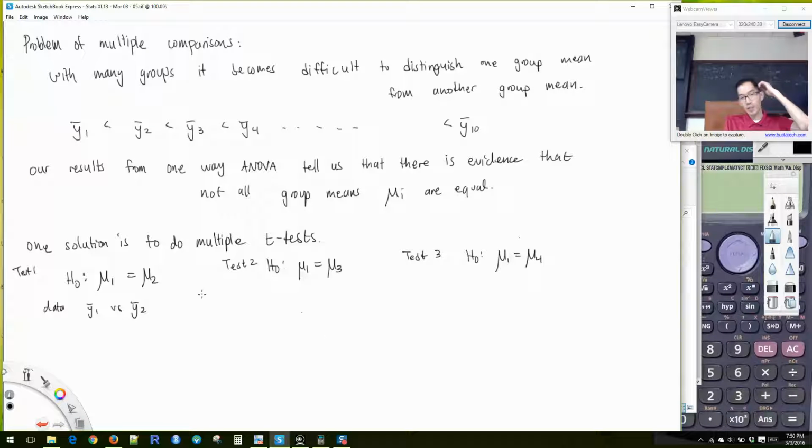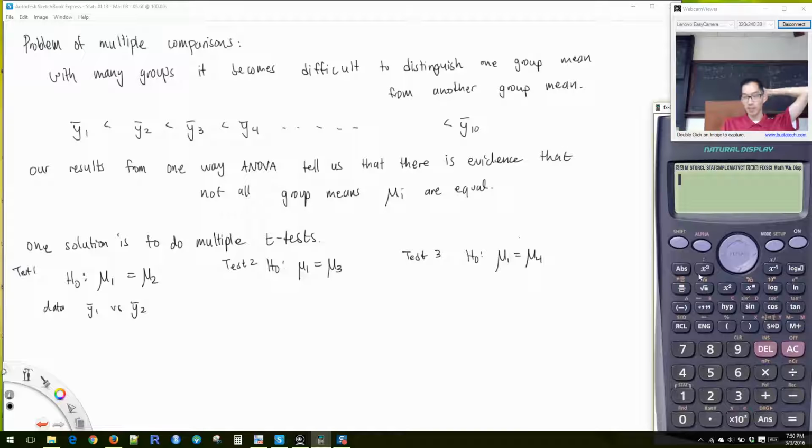And then, how many tests would I have to do? If I've got 10 groups and I'm doing pairwise comparisons, this would actually be 10 choose 2. This is how we would get this. There would be 45 comparisons to make.